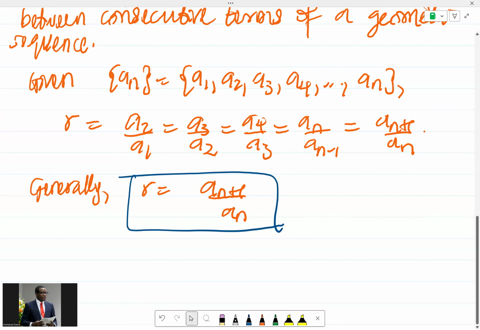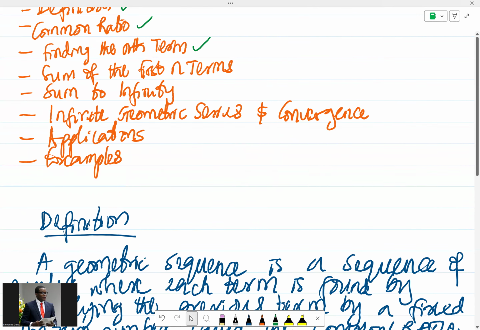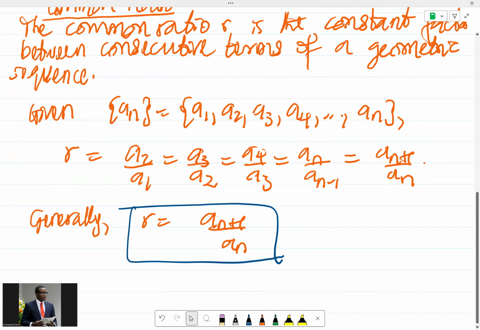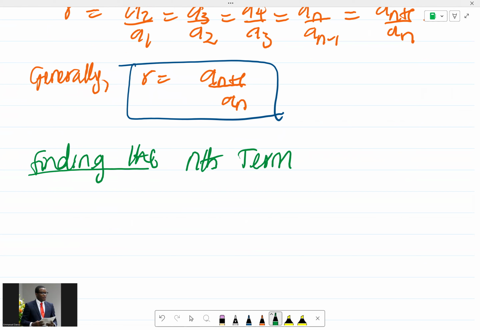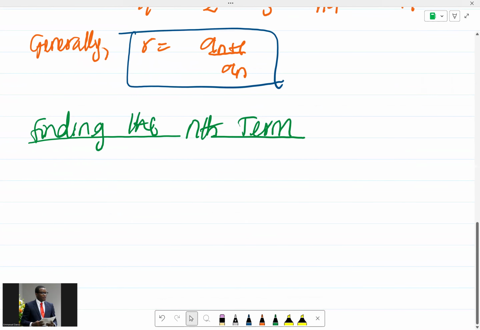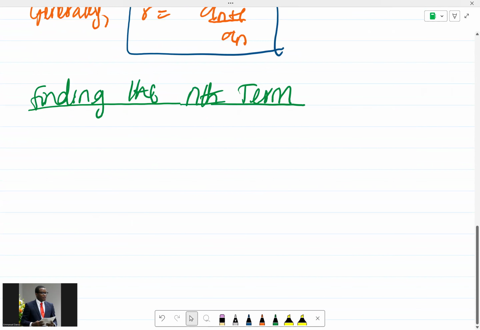So we've done the definition and common ratio. Now let's talk about finding the nth term of a geometric sequence. Now imagine, given 2, 6, 18, and so on.